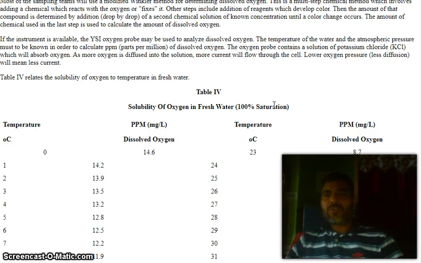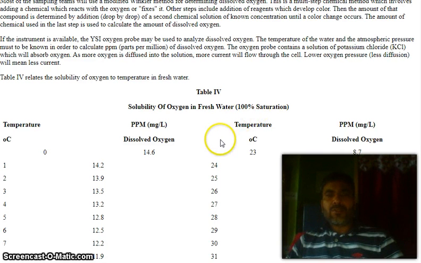The oxygen probe contains a solution of potassium chloride which will absorb oxygen as more oxygen is diffused into solution. More current will flow through the cell. Lower oxygen pressure, less diffusion, will mean less current.